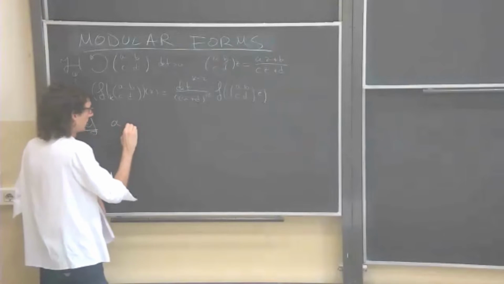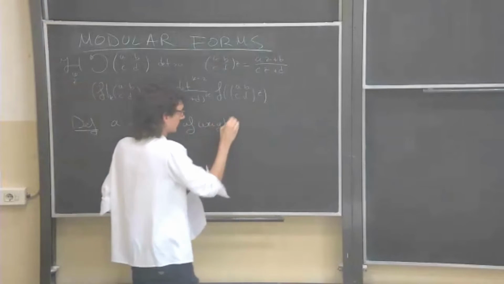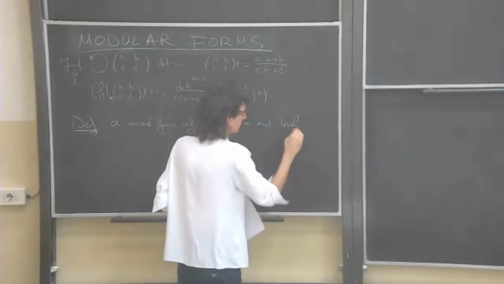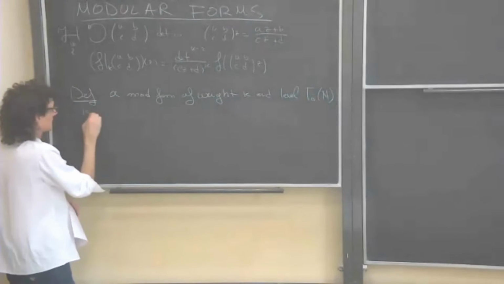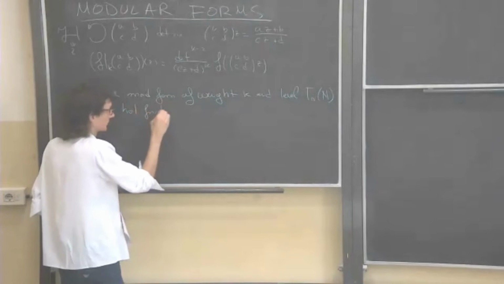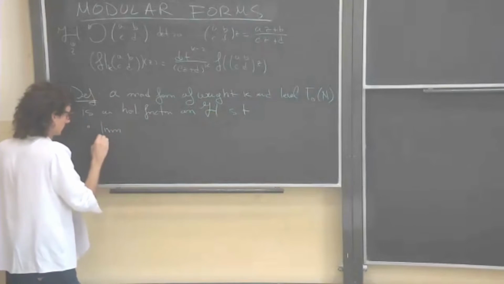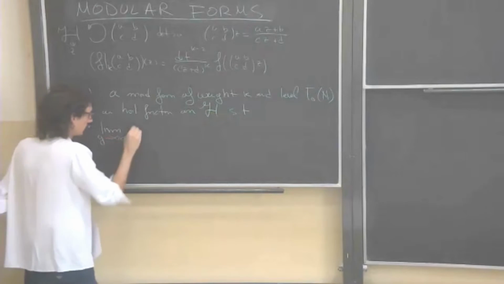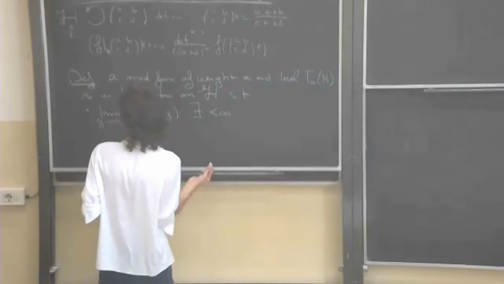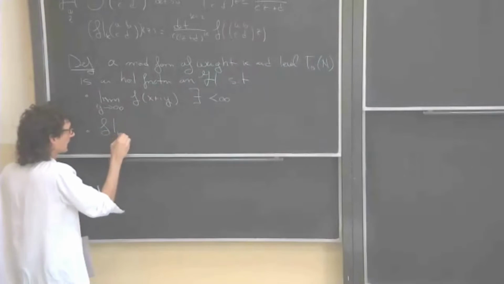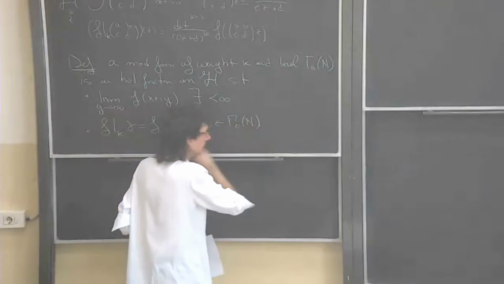So, definition: a modular form of weight k and level gamma naught n is a holomorphic function on H such that there is still the limit condition for y equals infinity of f of x plus iy exists finite, but now we have that f slash k gamma is equal to f for gamma in gamma naught n, which is what?